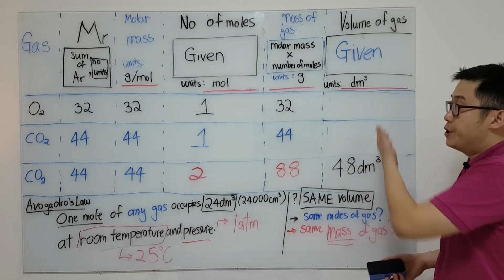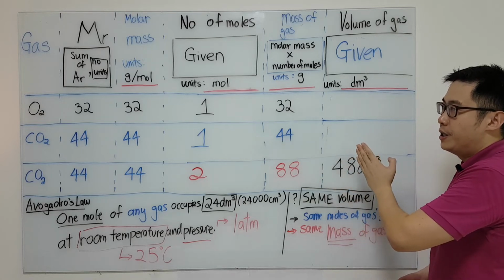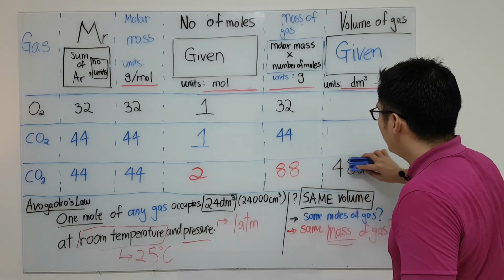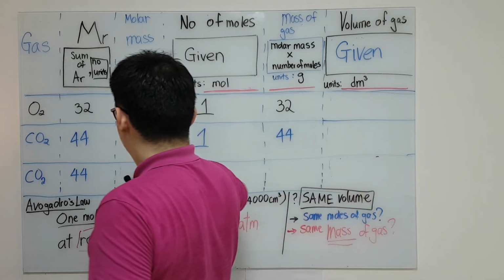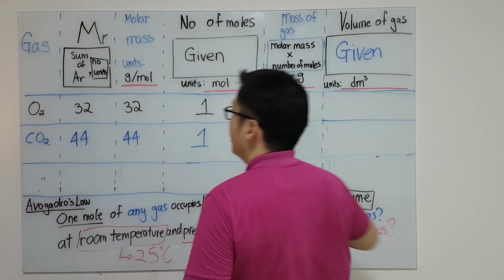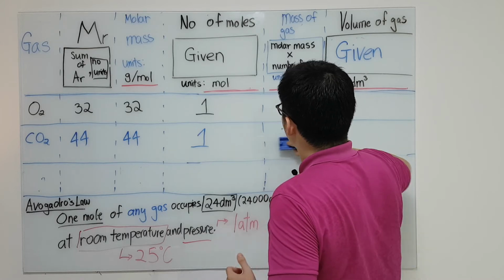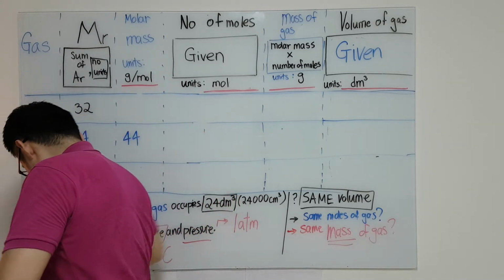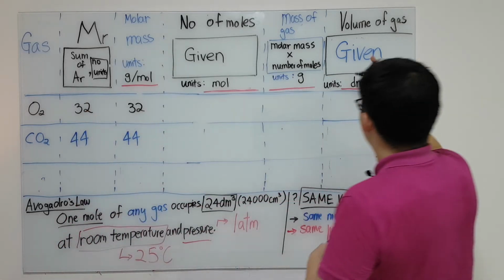And because we are just considering whether the same volume of gas would give rise to the same moles and the same mass for different gases, I'm going to get you to, for now, not consider this case here. We are just going to consider your oxygen and carbon dioxide gas. This is going to be 32.